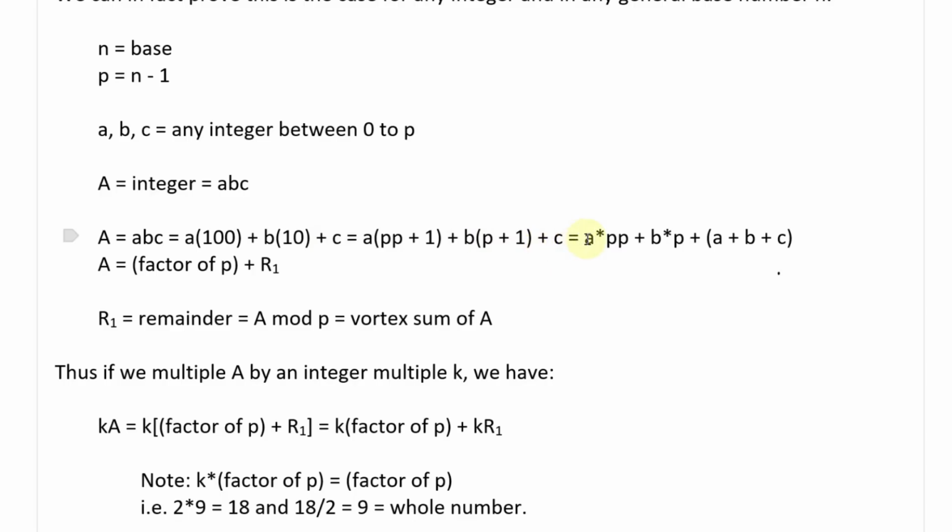This equals, now, a times p(p plus 1) plus a times 1, which we move to the right, and the b times 1. So then we're going to have a times p(p) plus b times p plus a, plus in this bracket, a plus b plus c, where again, this one right here is our factor of p.